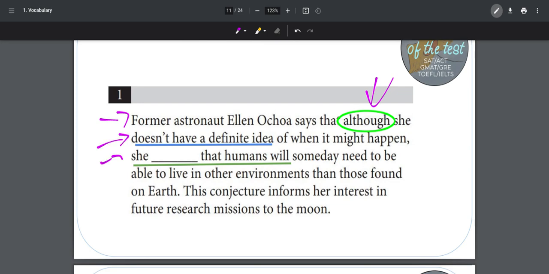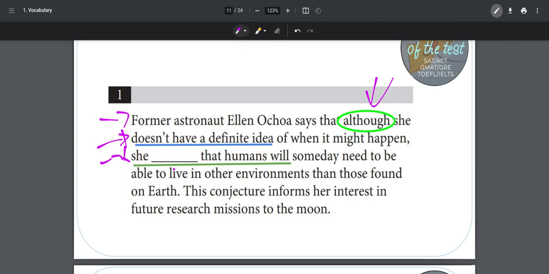So although she gives idea one, she gives idea two, which means idea one and idea two, like blue and green, are going to have a contrast. So there's a contrast between she doesn't have a definite idea of when, and she, something that humans will someday need to be.